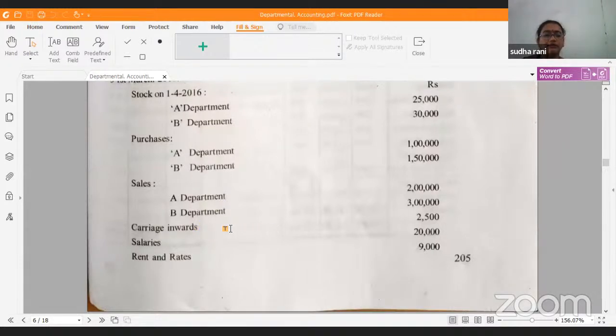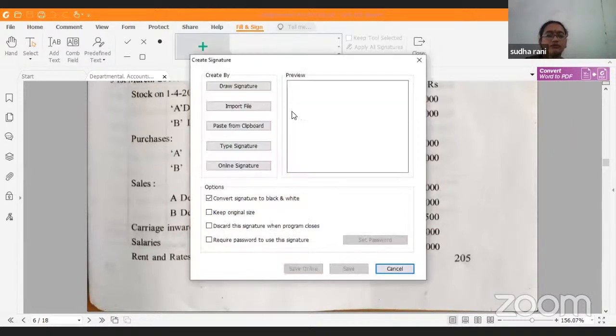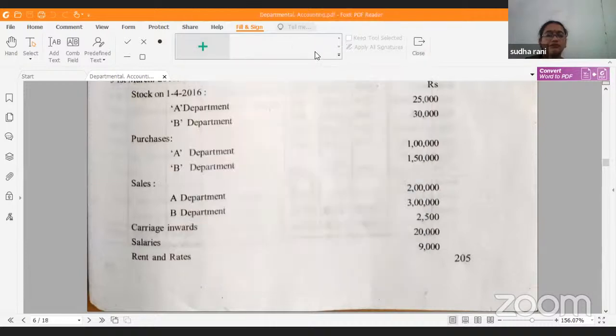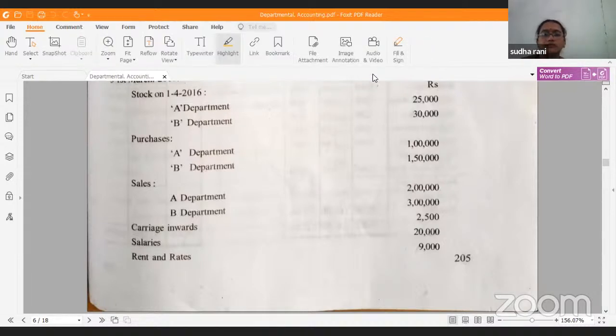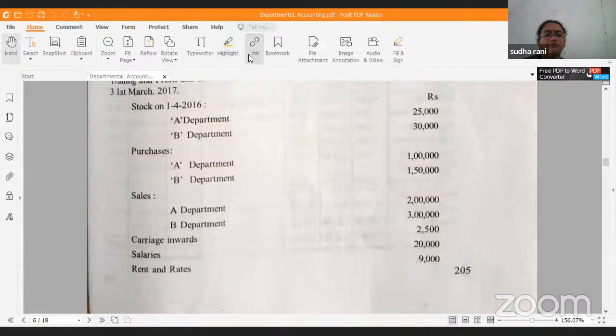Now what about the carriage inward? Carriage inward is based on purchases.